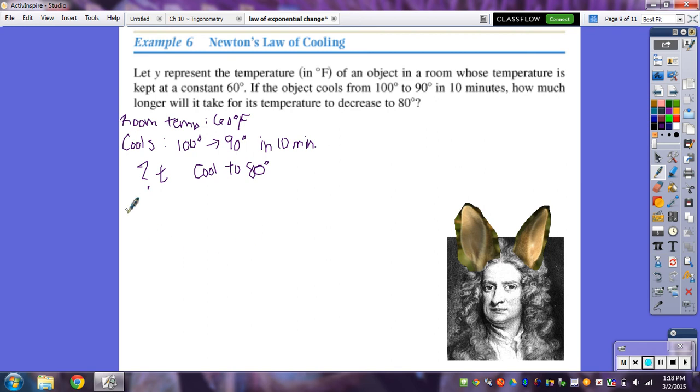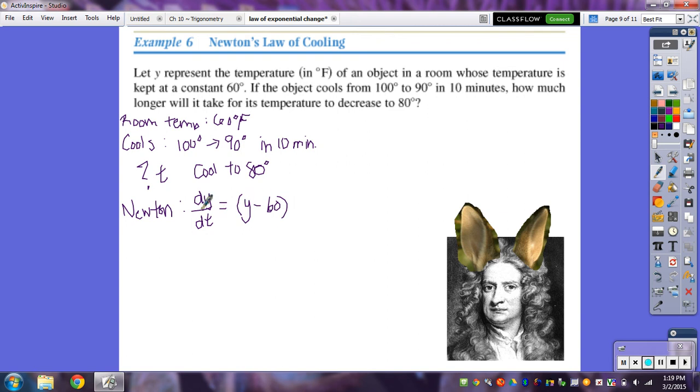So according to Newton, our rate of change, which would be dy over dt, is proportional to the difference between the object's temperature, which we're going to call y, and the surrounding medium, which is 60 degrees in this case.